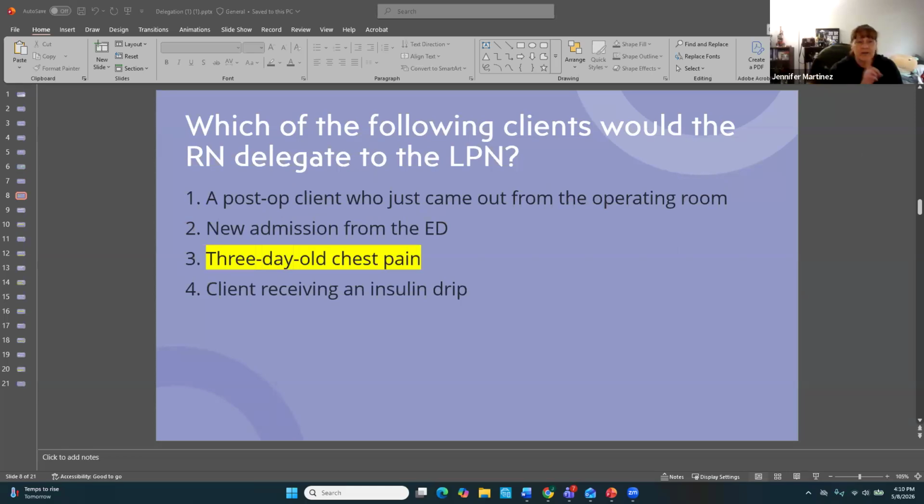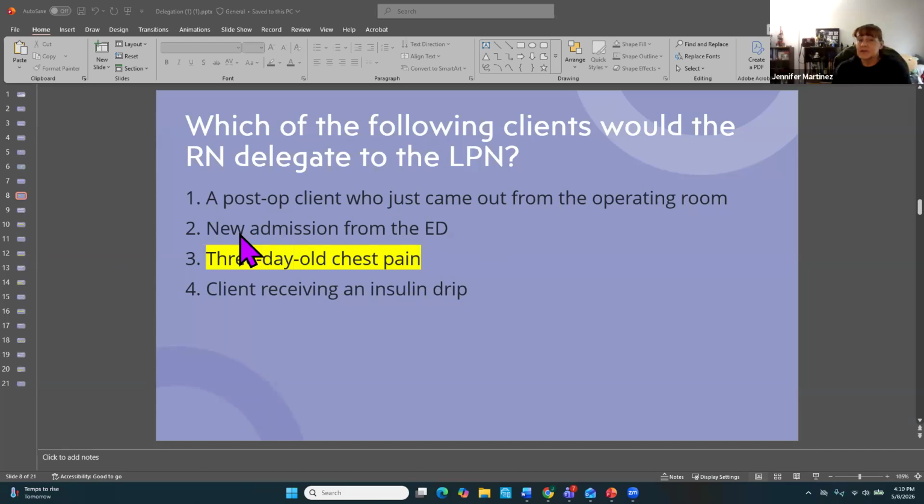So remember, the RN has to follow the same 5 rights of delegation as the LPN does, right? So when the RN is delegating to the LPN, the client must be stable. A post-op client who just came from the OR is not a stable client, right? There's still plenty that can go wrong with that client.